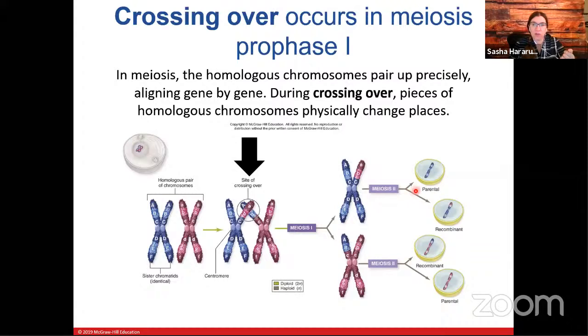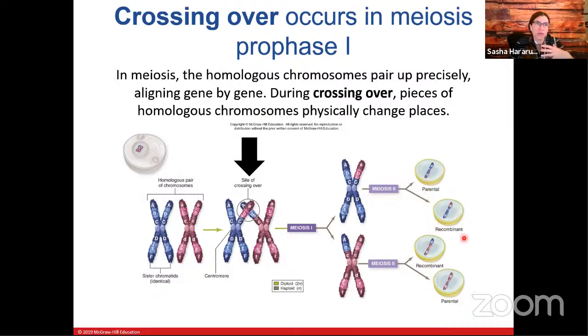So as a result, the gametes that have been formed from the chromosome originally inherited from the father will contain some alleles of the genes that were inherited from the mother. And so this is not 100%.